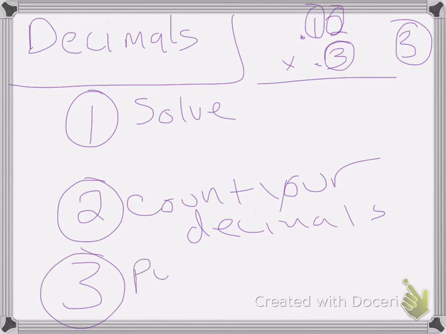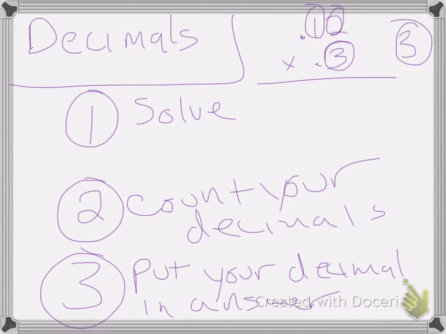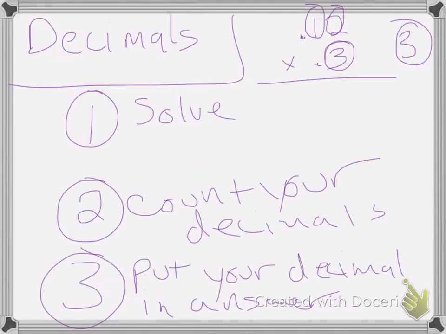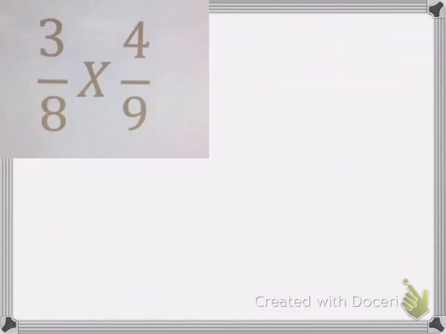Then put your decimal in your answer. In this case, you would move it 1, 2, 3 from the end of the number. All right, let's do an actual example.